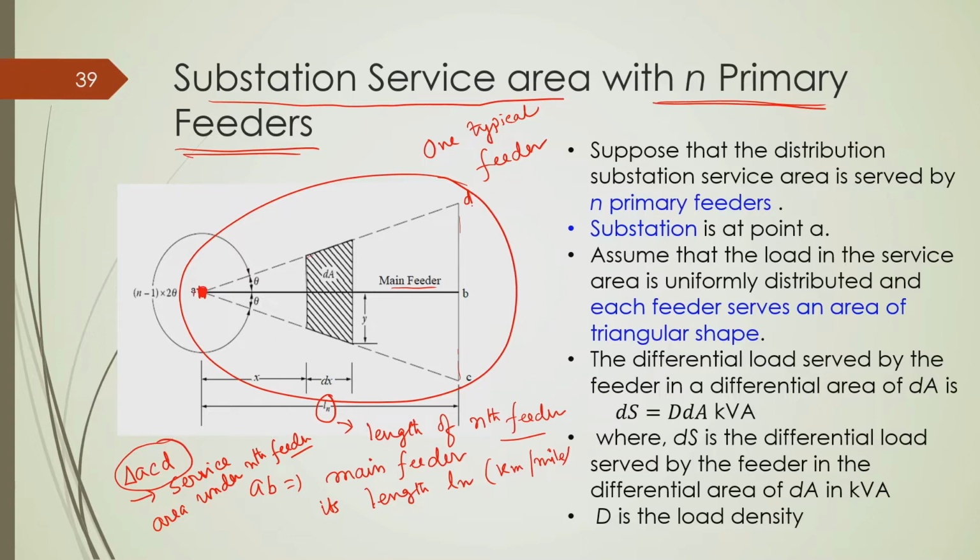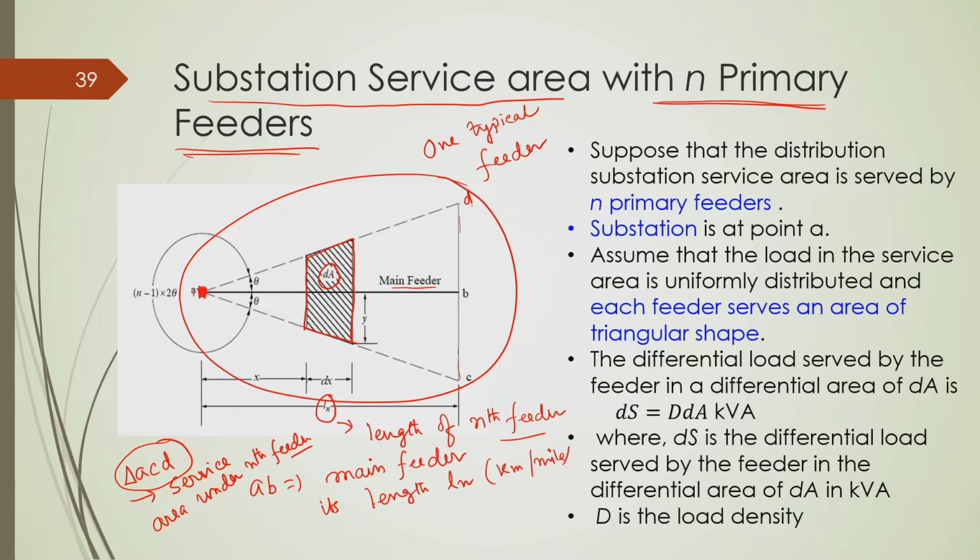Now, the length of the feeder is also given as Ln. What we will do here is that at a distance x from the substation, we will take an infinitely small area which represents dA.